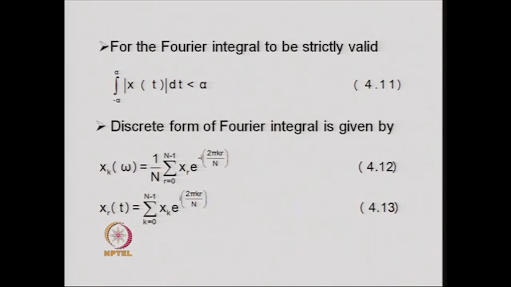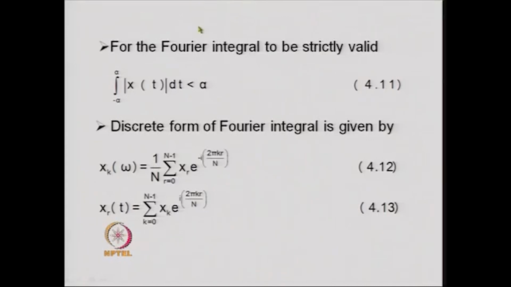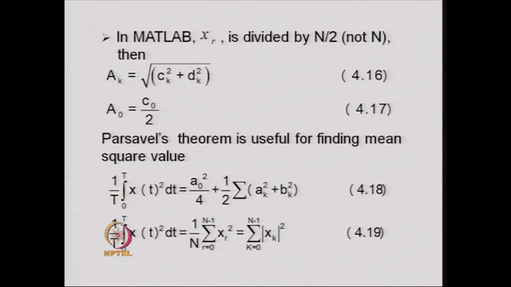Therefore, if we wish to make the integration from minus infinity to plus infinity, then we have to add on zeros, and that way this condition is satisfied. Now, if we are using the discrete Fourier transform, then the Fourier integral is expressed with the help of summation signs, and this has also been discussed before in connection with the seismic input.